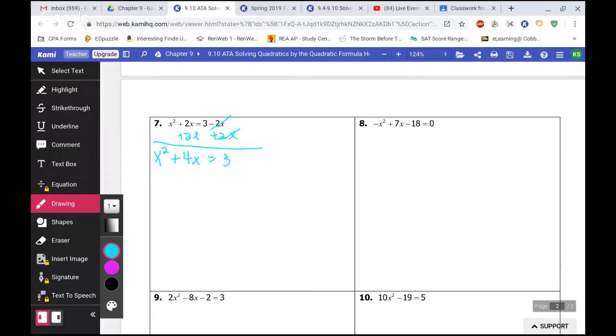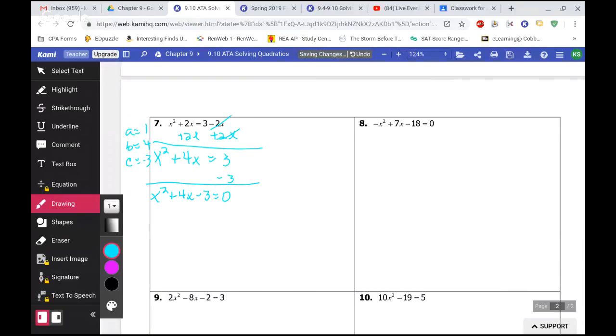So we're going to add 2x to both sides. Then I'm going to subtract 3 from both sides. Okay, now it's in standard form. Now I'm going to identify A, B, and C. A is 1, B is 4, and C is -3.